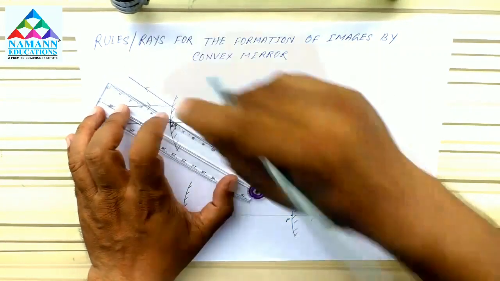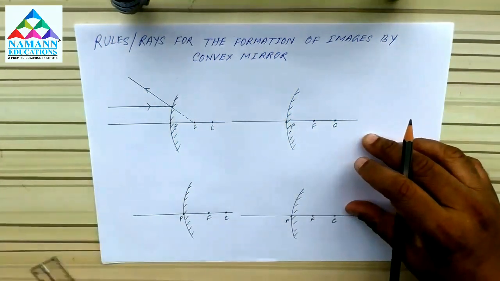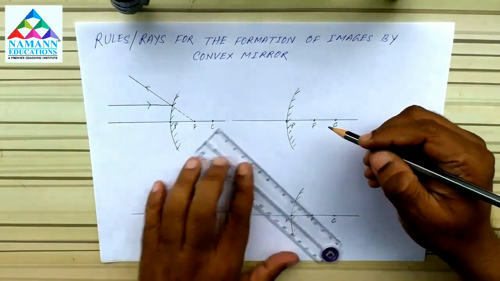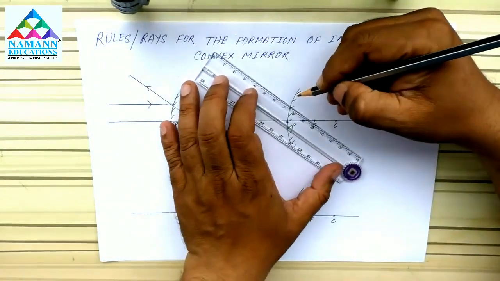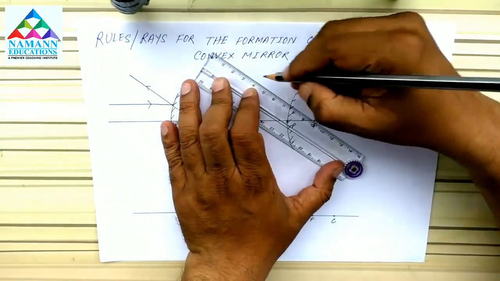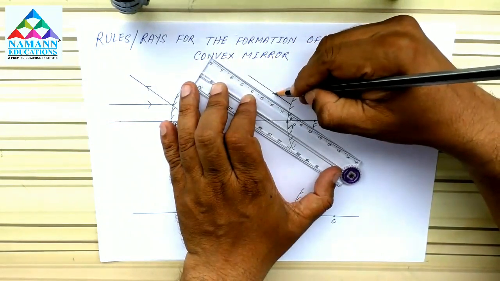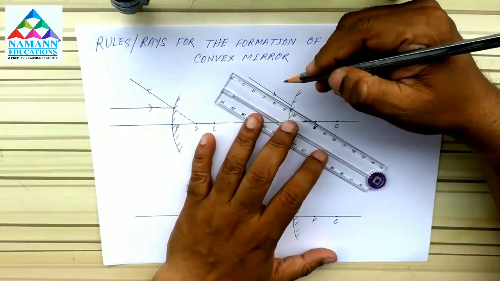And the second one, opposite of the first one, if a ray of light appears to converge at focus, towards focus. So we know that it cannot reach focus, it appears to converge at focus.